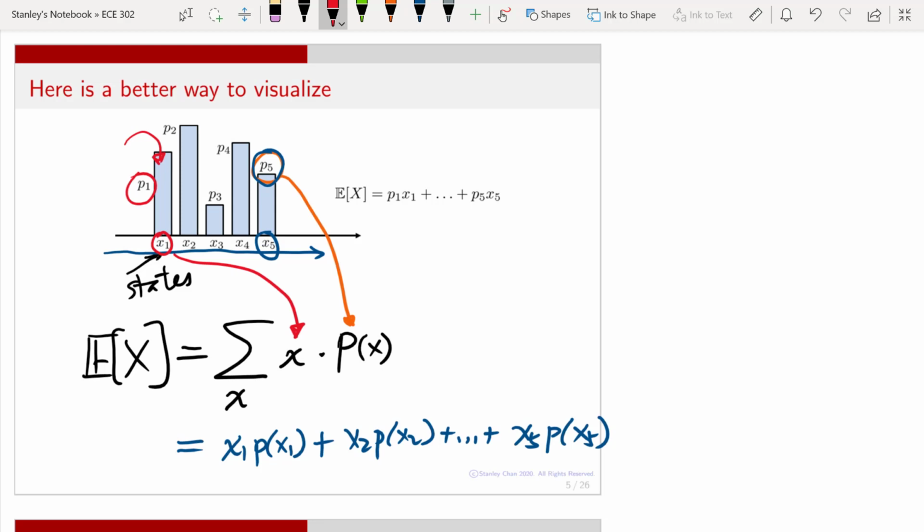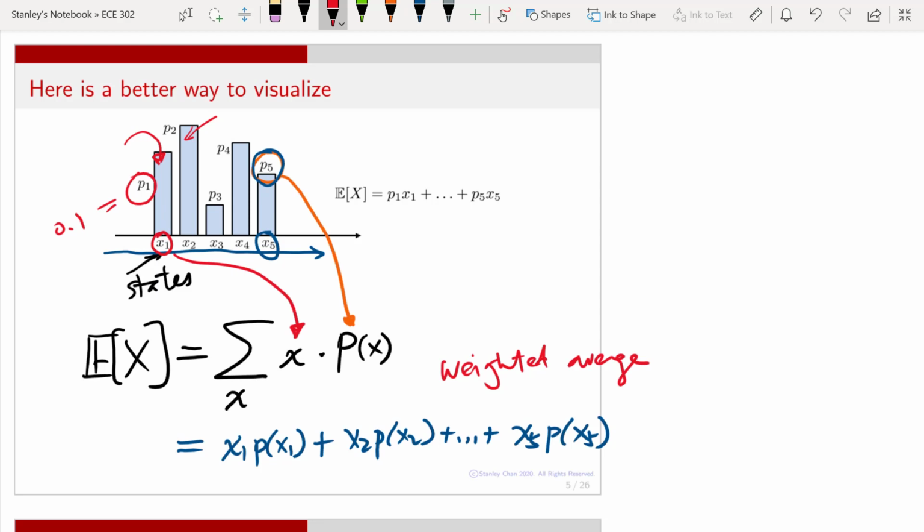So for example, if p is 0.1, then you are saying that I'm going to multiply 10% of my samples with this value x1, and then you add x2 multiplied with another number, maybe 0.2, and so on. So when you add them up, you are taking the weighted average of all these states.